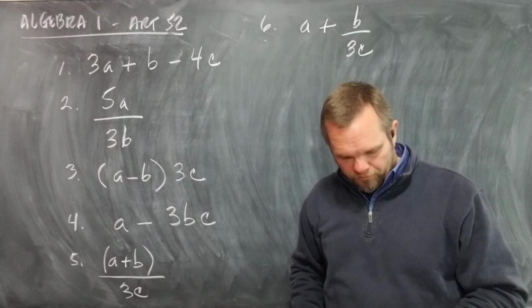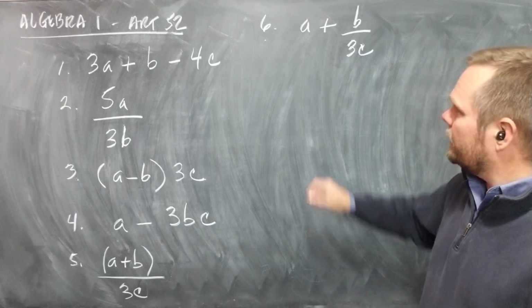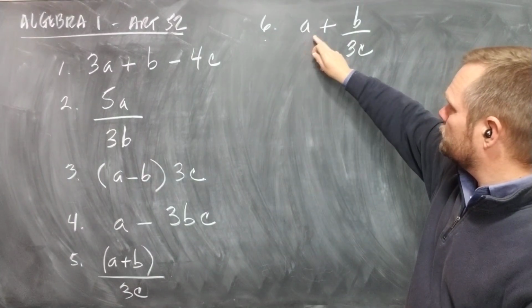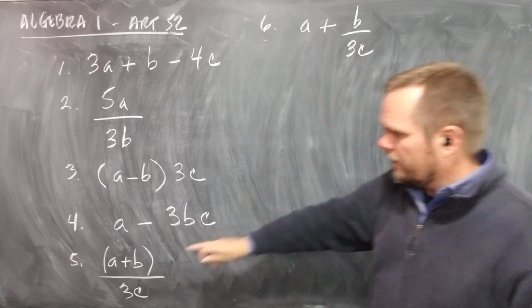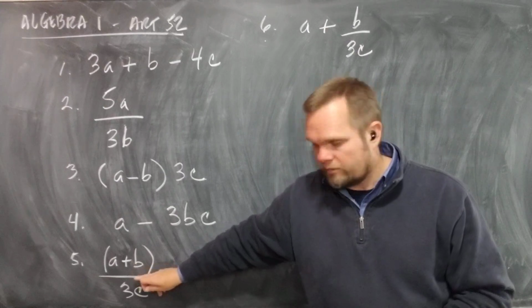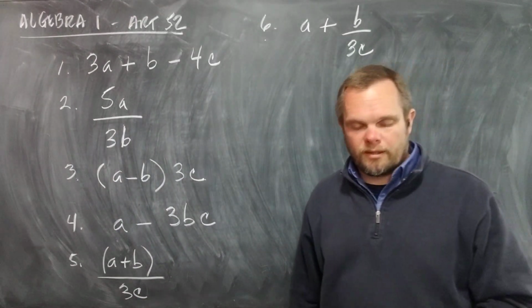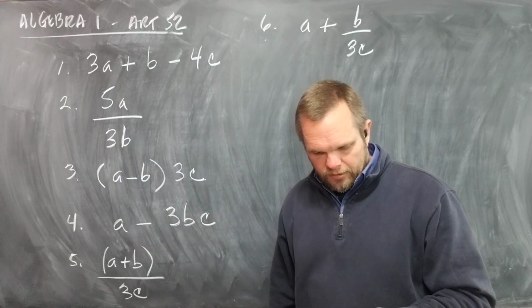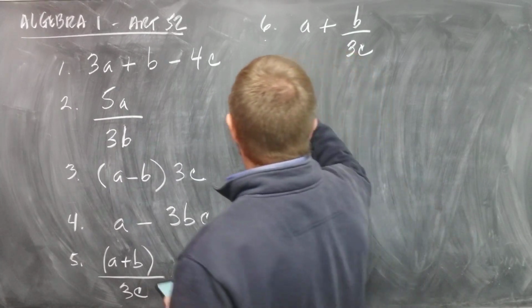So be careful. That's number 6: A, comma, plus B divided by 3C. Versus A plus B, comma, divided by 3C. So pay attention to those comma marks in numbers 5 and 6. Number 7.